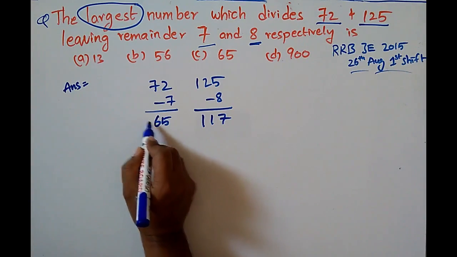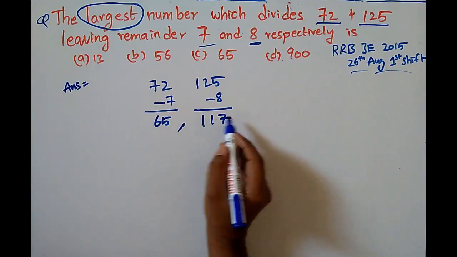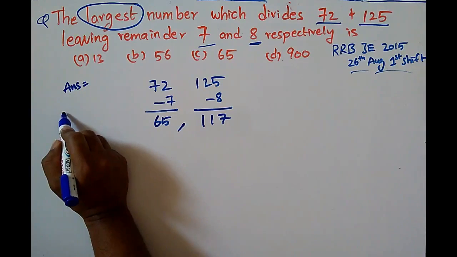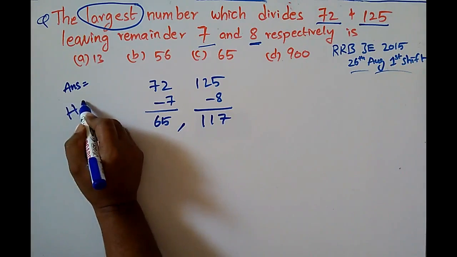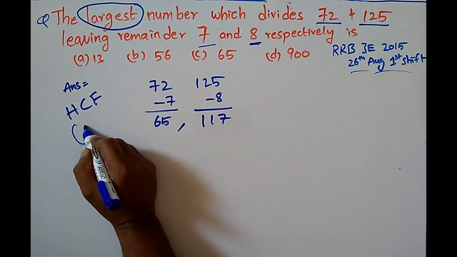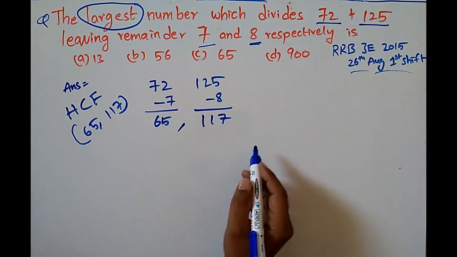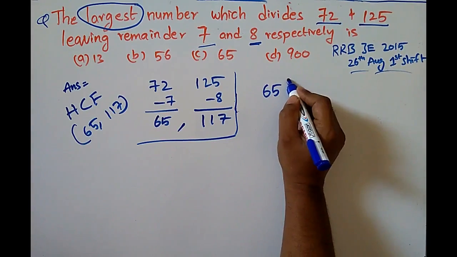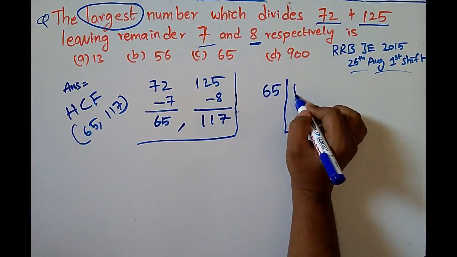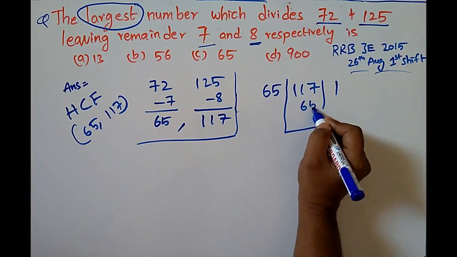After getting 65 and 117, we have to find the largest number. Largest number is nothing but the highest common factor. Highest common factor of 65 and 117. The smallest number we take and divide the largest number. 65 ones are 65.